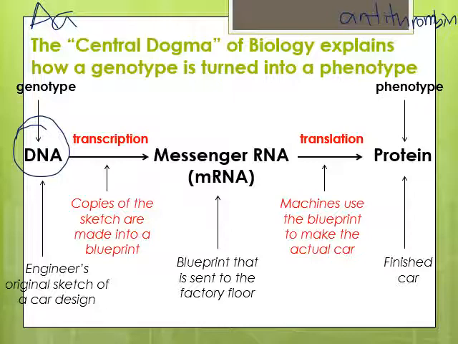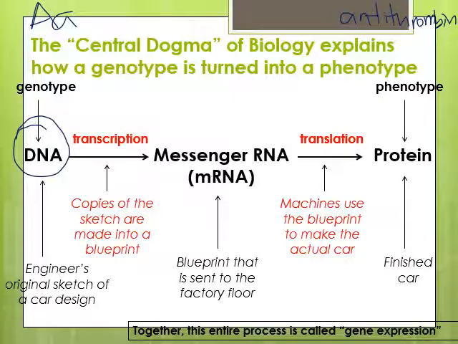So we're going from someone's original idea, right, or DNA, the instructions for the original idea, and turning it all the way into the final product, which, if you're looking at the car example, is the car. If you're looking at the central dogma, we're taking the instructions for what protein we want to make of the DNA, and we're going through a whole process to actually make that protein.